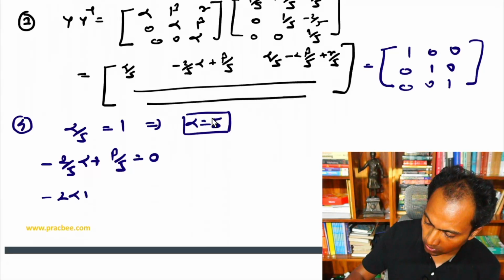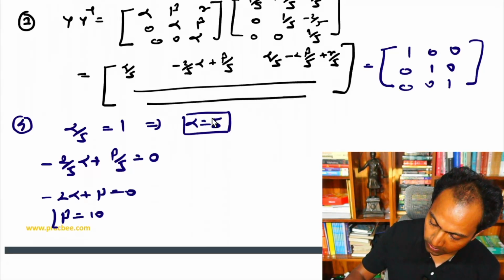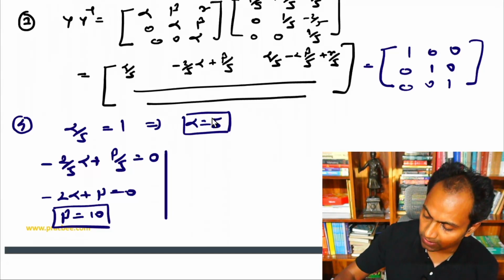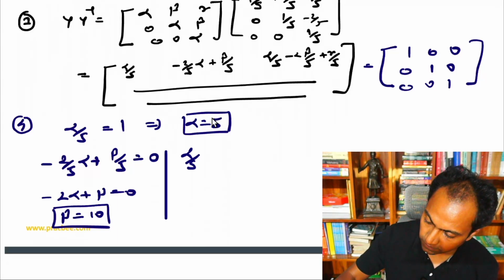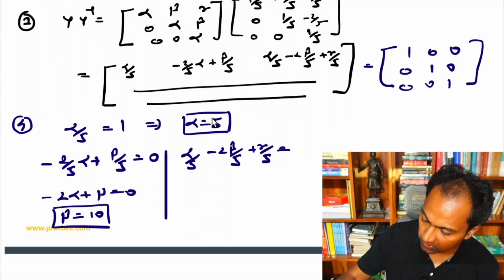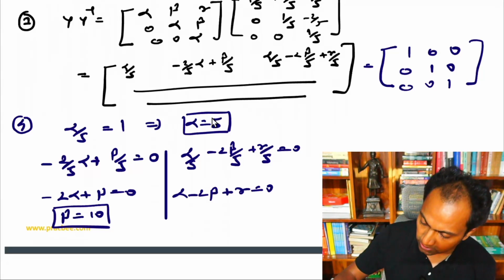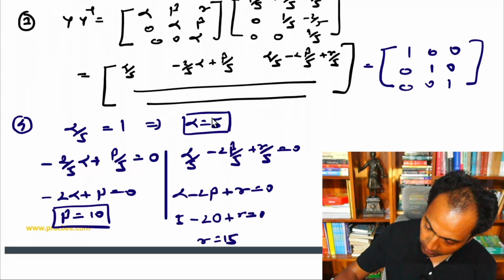So minus 2 alpha plus beta is 0, so beta comes out to be 10. And if I compare the third element, alpha by 5 minus 2 beta by 5 plus gamma by 5, this is also equal to 0. So alpha minus 2 beta plus gamma is 0. Alpha is 5, beta came out to be 10, so this becomes 5 minus 20 plus gamma equal to 0. Gamma comes out to be 15.